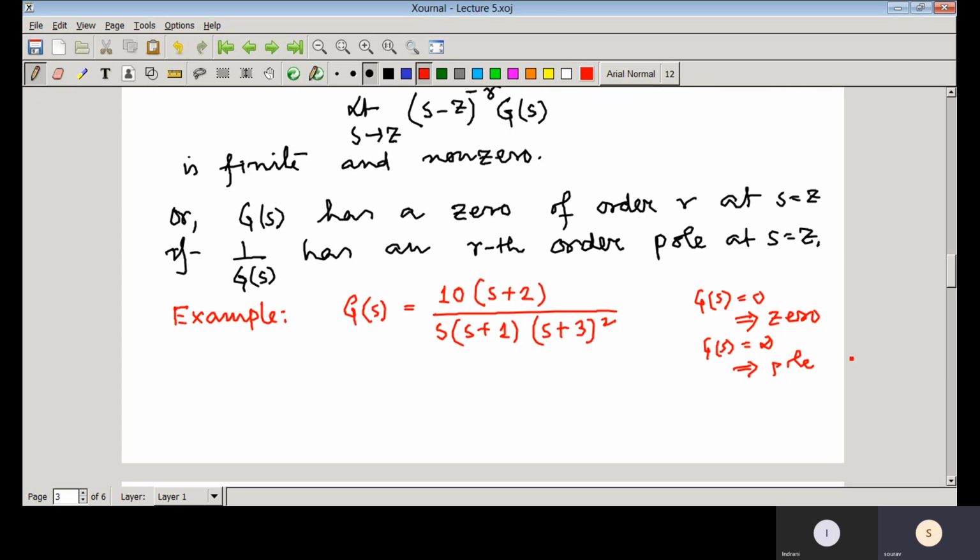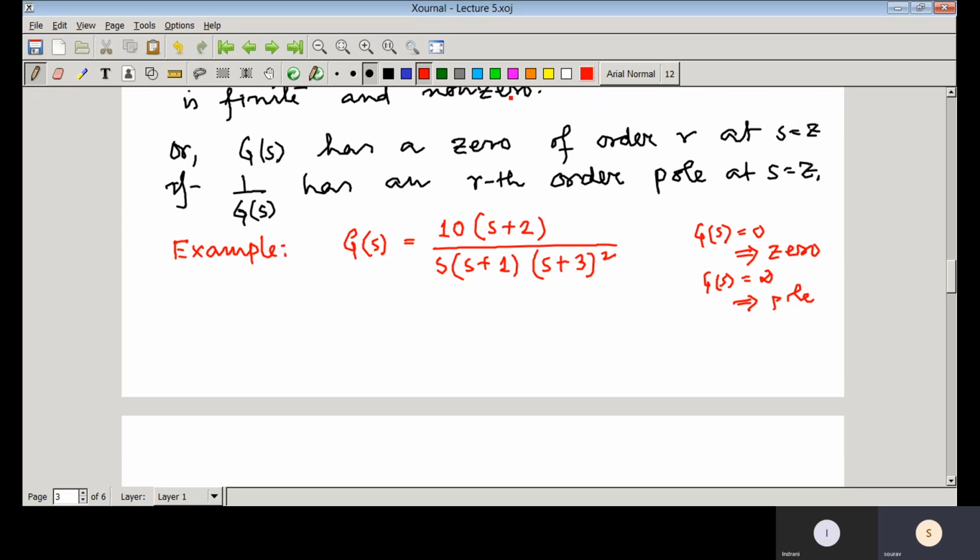In this particular example, if you put s equal to minus 2 here, you can see G(s) equal to 0. So that means s equal to minus 2 is a finite zero. Similarly, there are 3 other zeros at infinity.